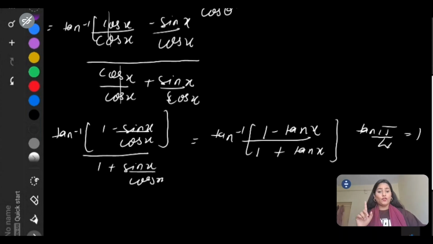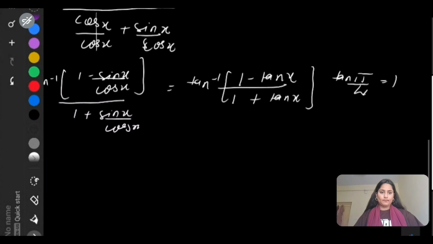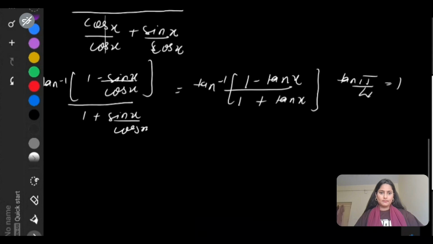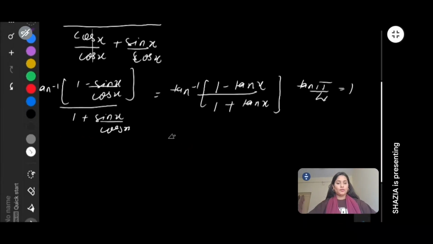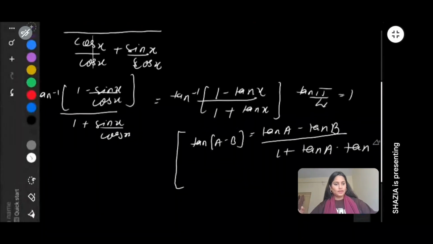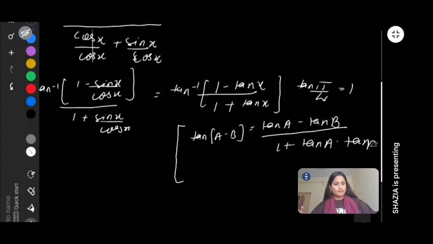And we also know one formula. Let me write it down for you here, which is tan of (A minus B) equals tan A minus tan B divided by 1 plus tan A into tan B. It is going out of the page, so you can add B here.